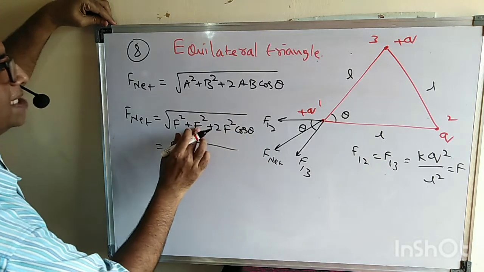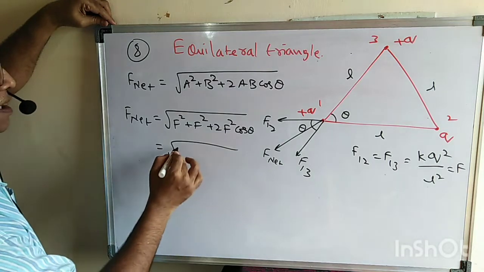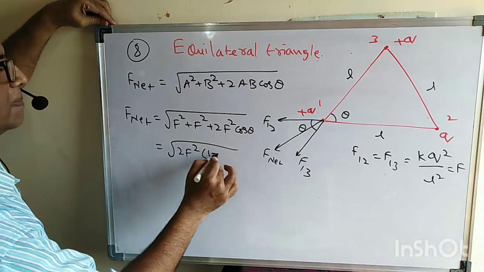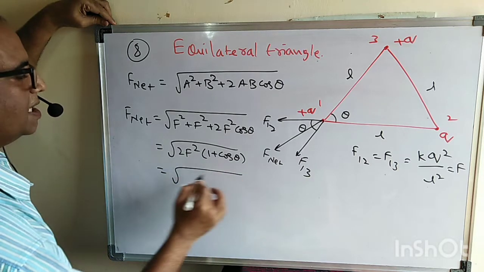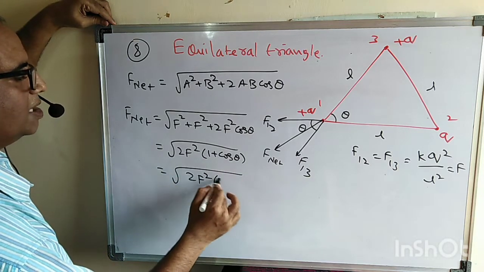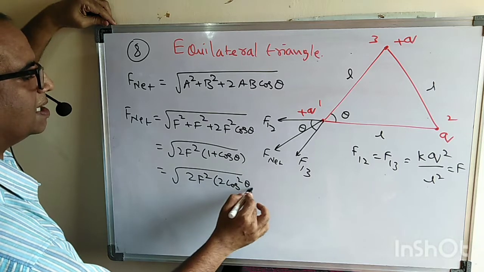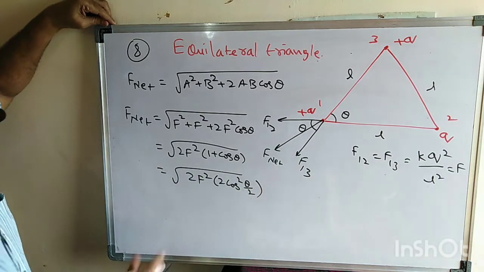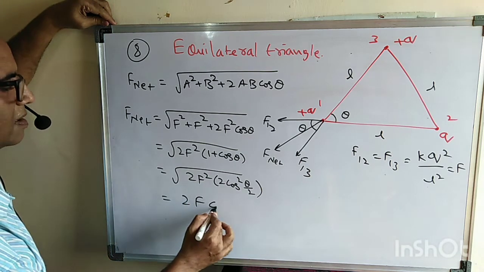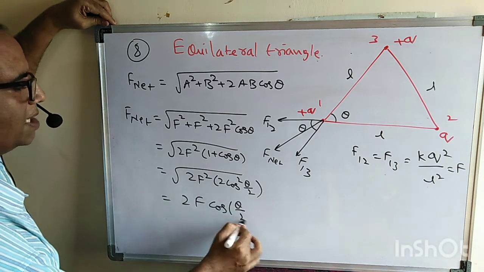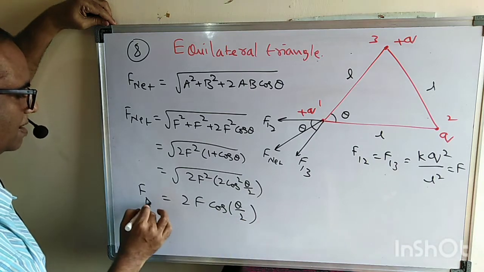F square plus F square is how much here? 2F square. Therefore 2F square into 1 plus cos theta. But what is 1 plus cos theta here? 2 cos square theta by 2. Therefore 2F square into 2 cos square theta by 2 gives 2F cos theta by 2. That is the F net here.